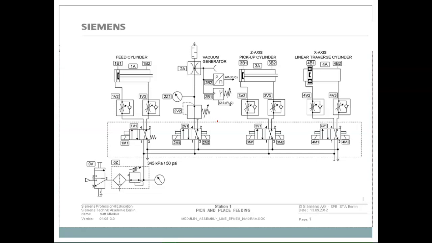For those of you that do not know, the dotted lines around these four mean that they're all part of one device. Same for this one. So this right here, you would be looking at a filter pressure regulation unit with a gauge, all part of one unit.